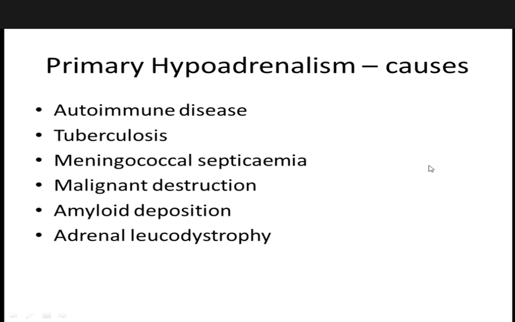Right? The common conditions are autoimmune diseases, tuberculosis, and meningococcal septicemia. Okay, right. So these are the conditions which are going to destroy the adrenal cortex.